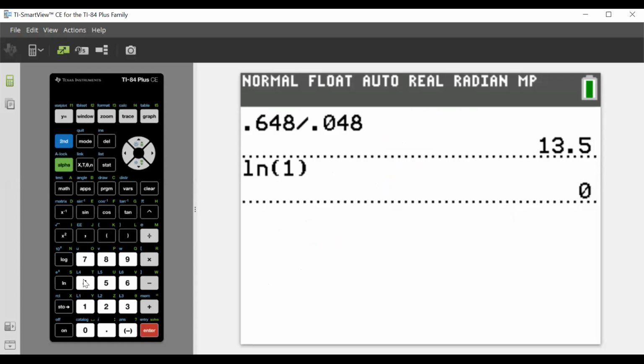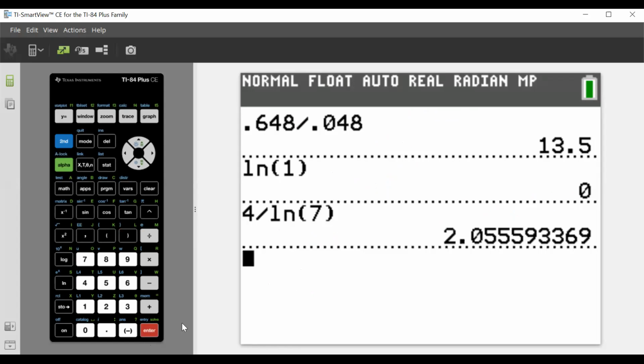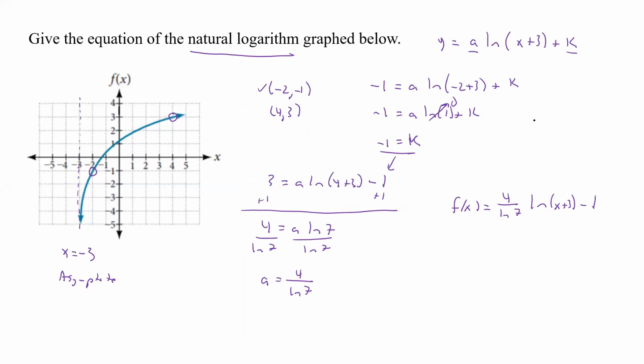We could take our 4 divided by ln of 7, and we get 2.0556. How about that?